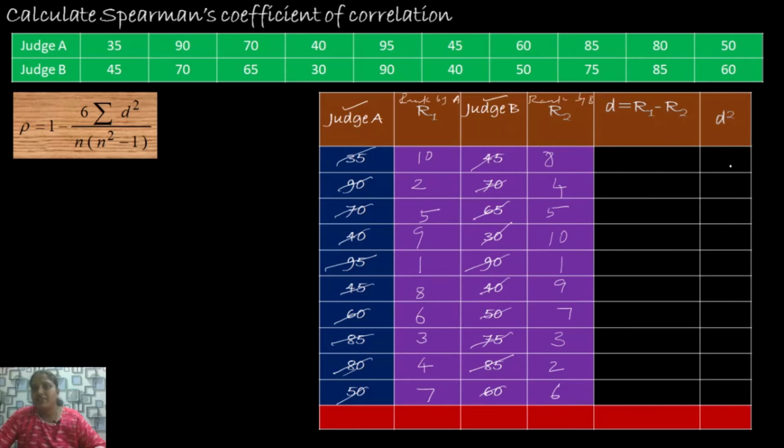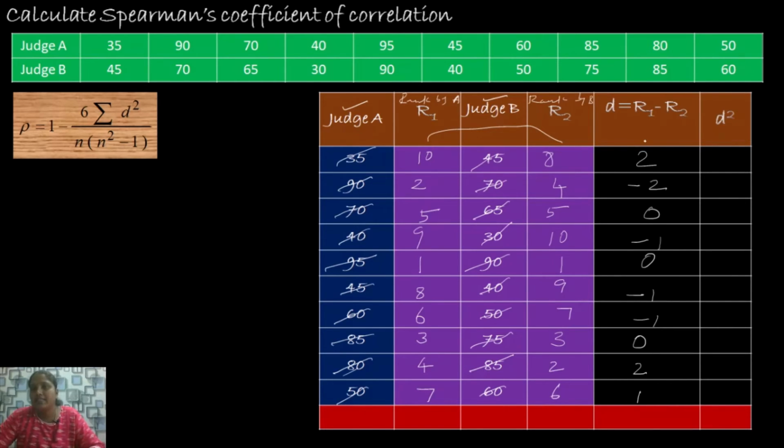Let me take the difference between the ranks, that is R1 minus R2. So for that we subtract R1 minus R2, that is 10 minus 8, 2, 2 minus 4 minus 2, 5 minus 5, 0, 9 minus 10 minus 1, 1 minus 1, 0, 8 minus 9 minus 1, 6 minus 7 minus 1, 3 minus 3, 0, 4 minus 2, 2, 7 minus 6, 1.